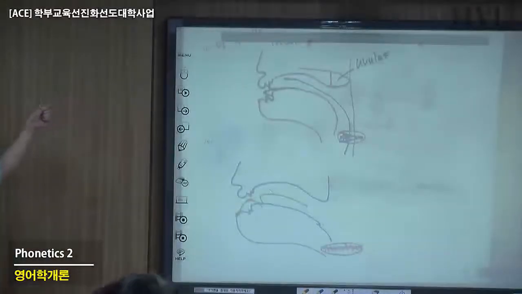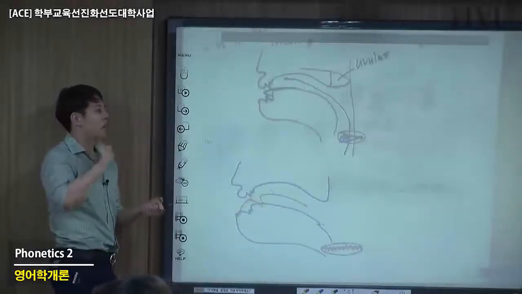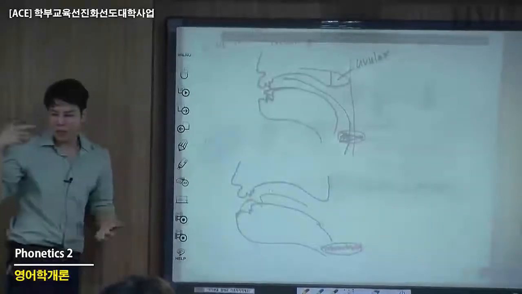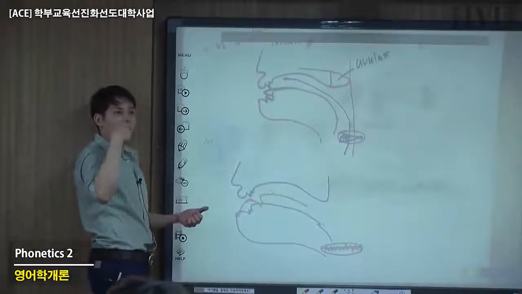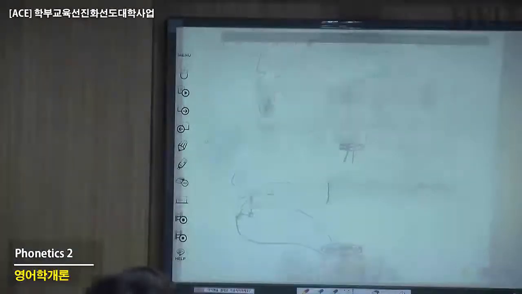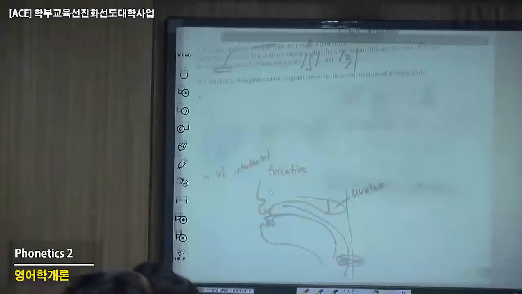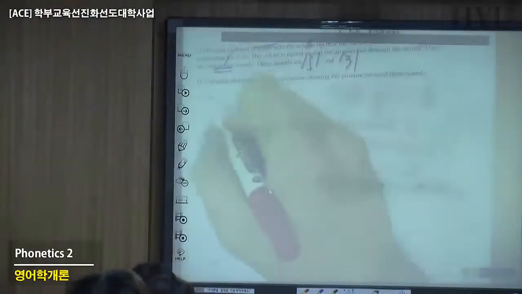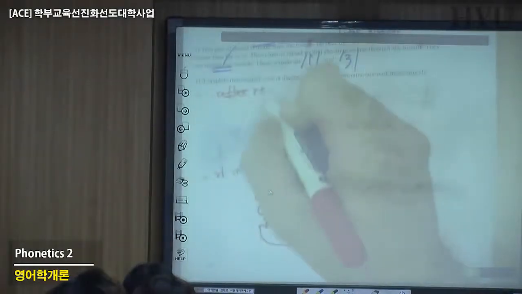And for the R sound, how do you do the R sound? The R is the liquid sound, right? When you do the R sound, you curl your tongue, right? So another term for the R sound that you might see when you read linguistic literature is retroflex.